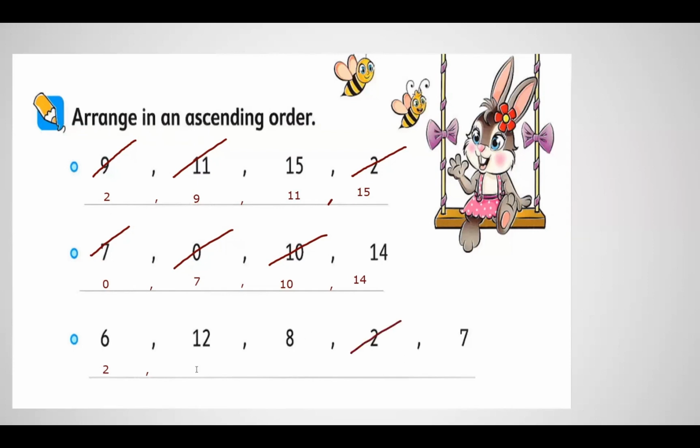Write 6. Okay, after 6, yes, it's 7. And cancel it, don't forget. After 7, now we have 8 and 12. So yes, sure, 8 will come first. And the last one or the greatest one here will be 12.